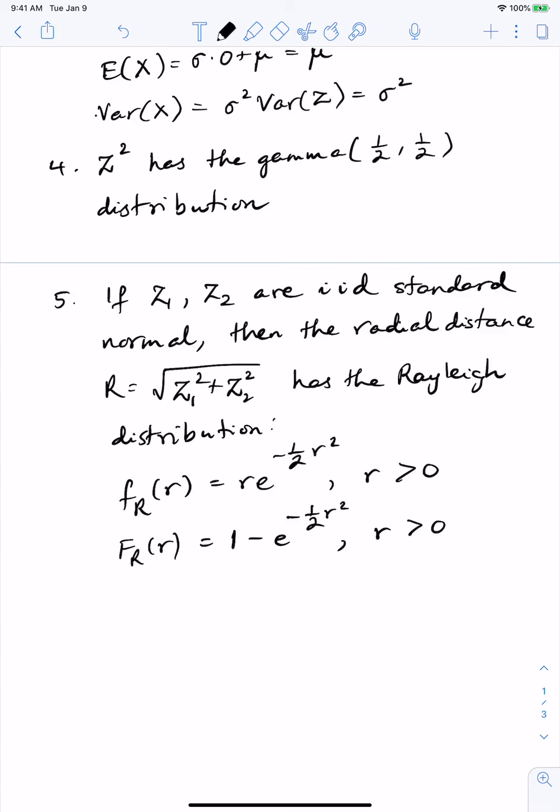And lastly, because the Rayleigh is the square root of an exponential half random variable, we have z1 squared plus z2 squared is exponential half, which is a fact that we'll see again in a different way in a couple of sections.